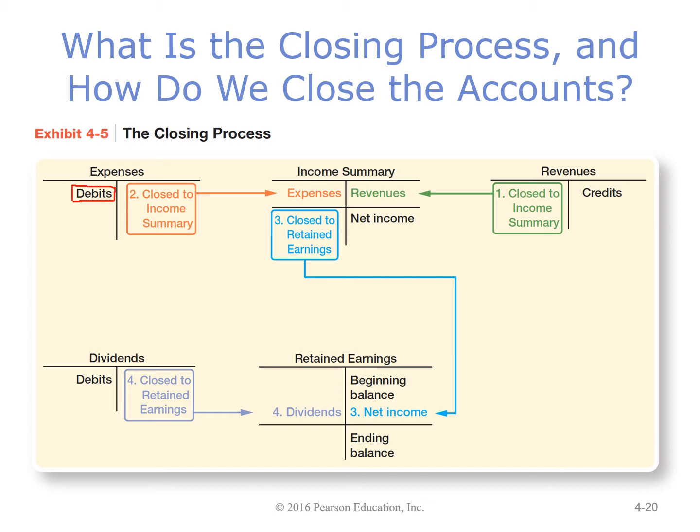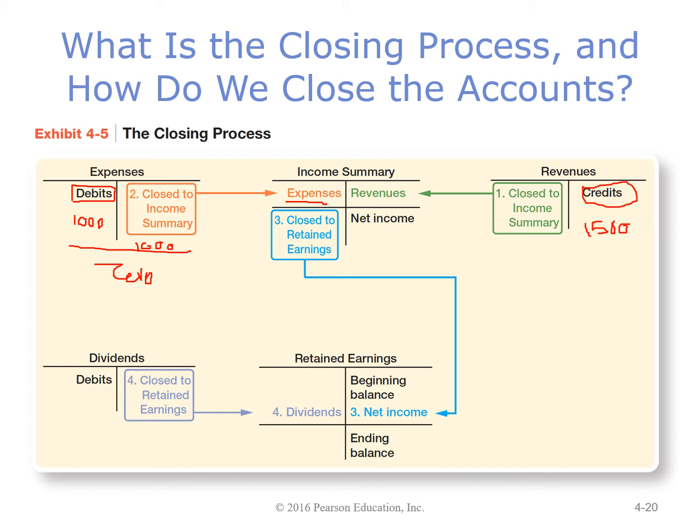So in order to close it, if I have 1,000 in expense and I would like to close it, I will credit it with 1,000 in order to make it equal to 0. Then this will go to the income summary. So now the debit balance of the income summary is equal to the expenses. On the other hand, revenue has a credit nature. So in order to close it, I have, for example, 1,500.